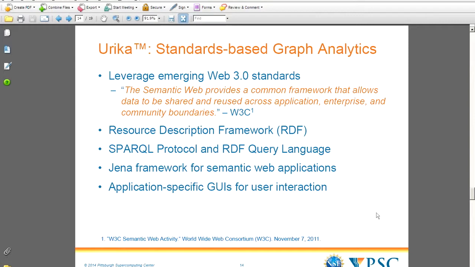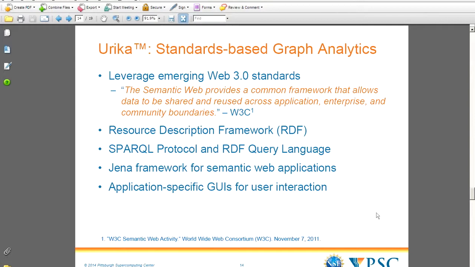The YarcData platform is called Urika, essentially an RDF knowledge appliance. RDF is the Resource Description Framework, which is a World Wide Web Consortium recommendation for encoding triples. It's a moderately general way of encoding graphical data.